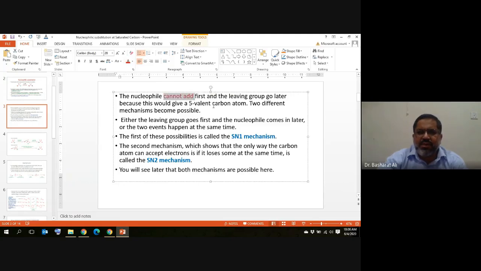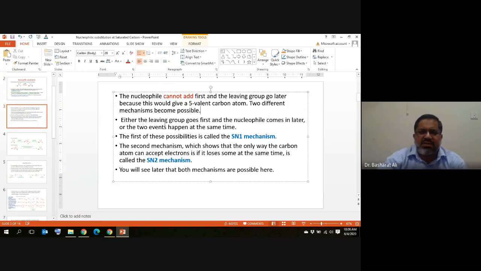Why? Because if the nucleophile adds first to the CH2 group, it will become pentavalent, and pentavalency is not justifiable for carbon. Therefore, two mechanisms are possible.